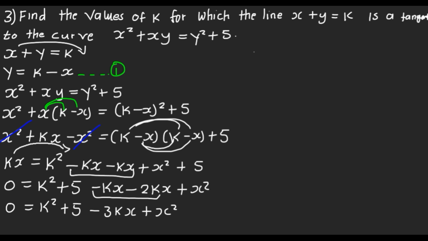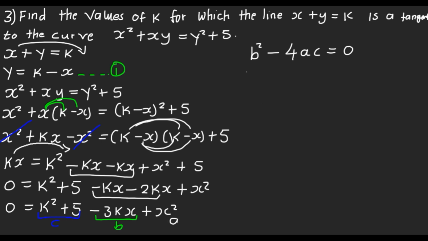Now at this point, I'm going to introduce the discriminant, which is b squared minus 4ac is equal to 0. Now from this discriminant, I'm going to call this part my c, then this one will be called my b, then the coefficient of x squared is still a.